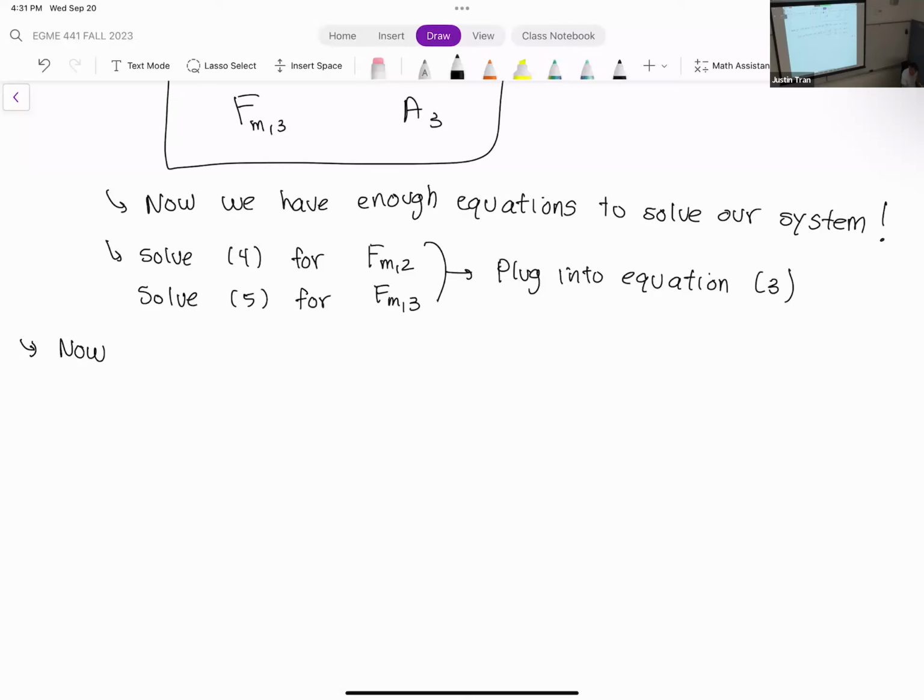So in particular, let's look at the shoulder joint, which is I think the most interesting joint in the upper extremity.